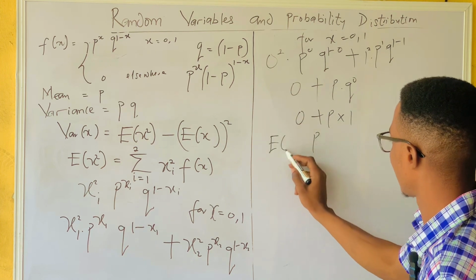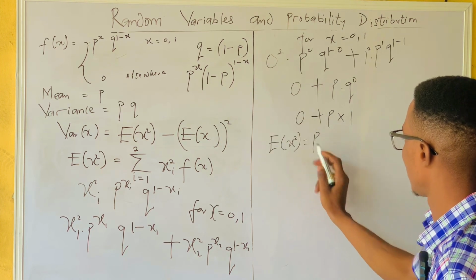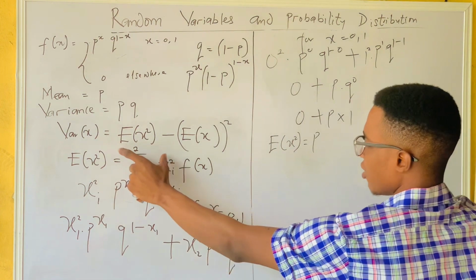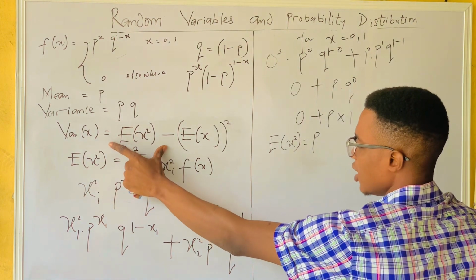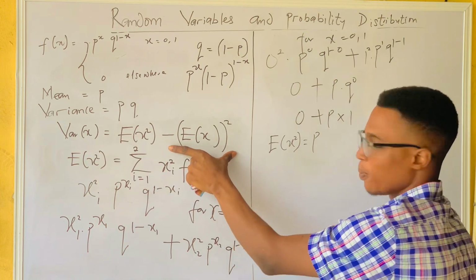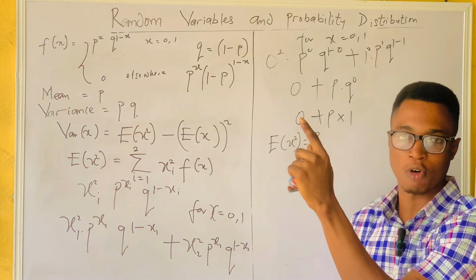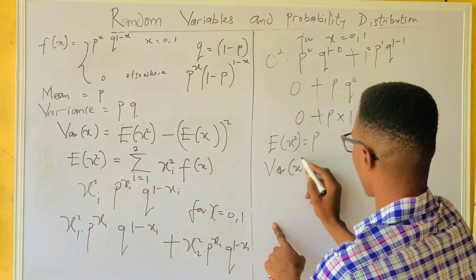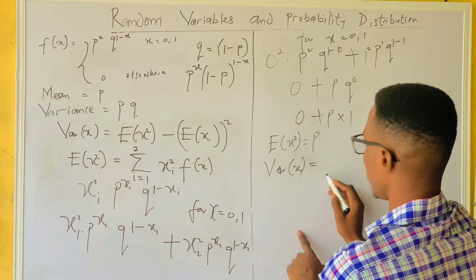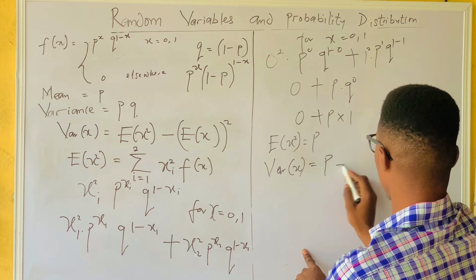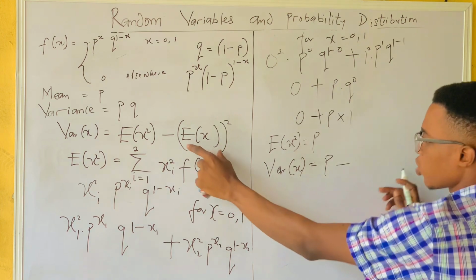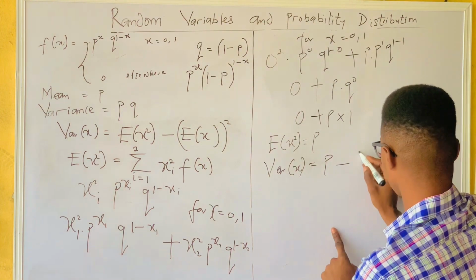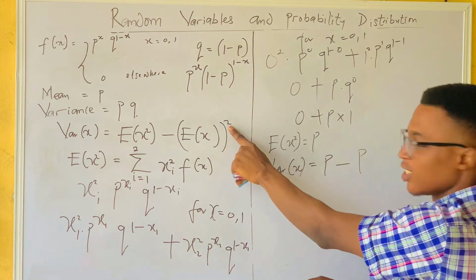Expected value of x squared gives us p. So we've gotten the value of this. Initially, we know the value of expected x to be p as well when we were solving for the mean. So we have var x is equal to p minus p, since when we solved for the mean we got p as well. But don't forget, this is squared.